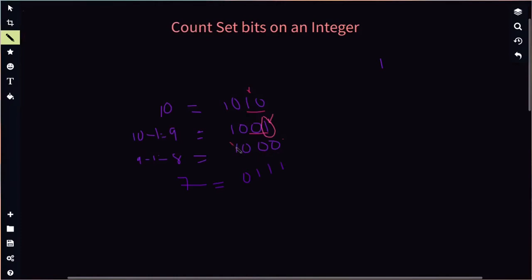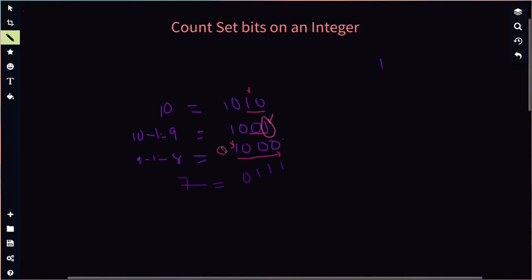This 1 is the rightmost set bit, right? So when you perform a minus 1 operation on 8, the rightmost set bit and all the bits to the right of it will be flipped.